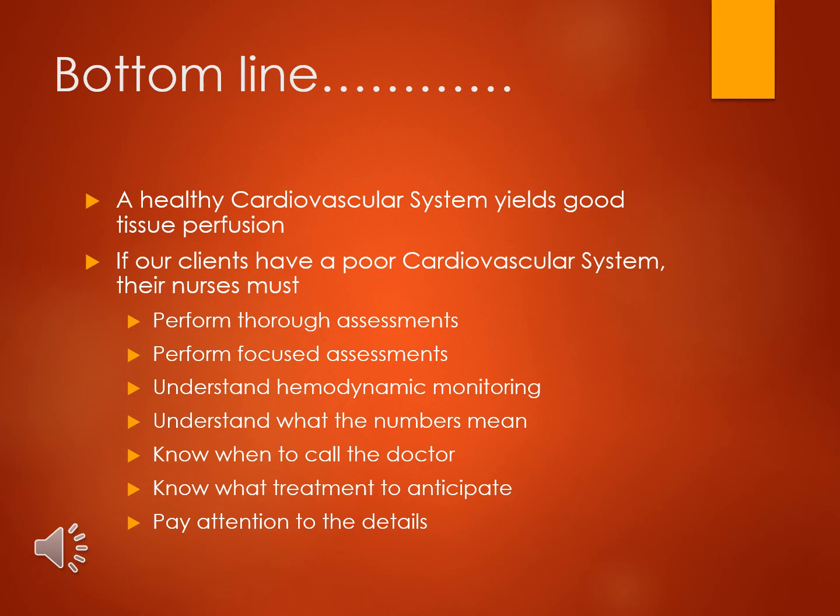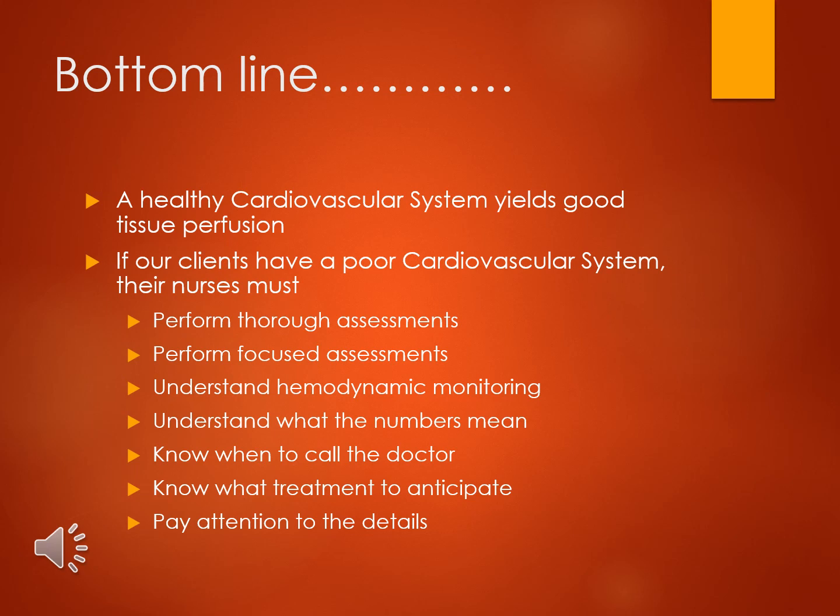So the bottom line, a healthy cardiovascular system yields good tissue perfusion. If our clients have a poor cardiovascular system, their nurse must perform thorough assessments, perform focused assessments as needed, understand hemodynamic monitoring, understand what the numbers mean, know when to call the doctor, know what treatment to anticipate, and pay attention to the details.